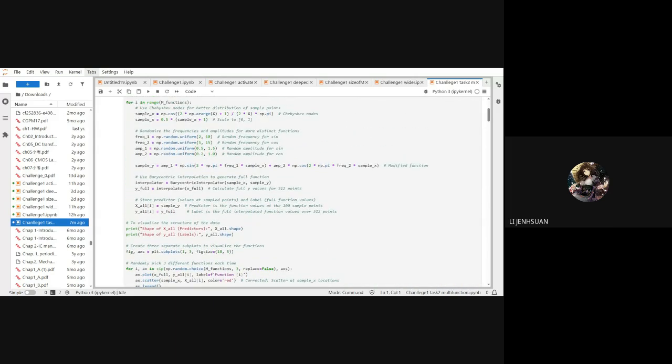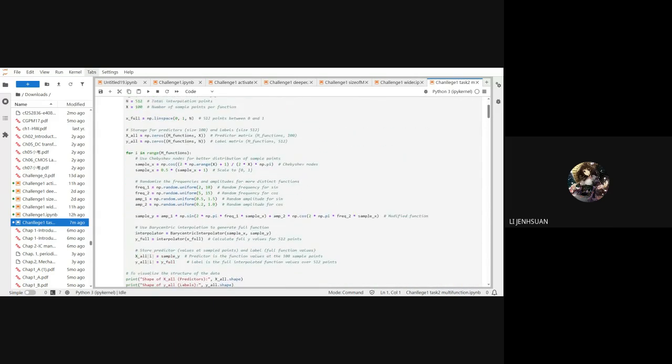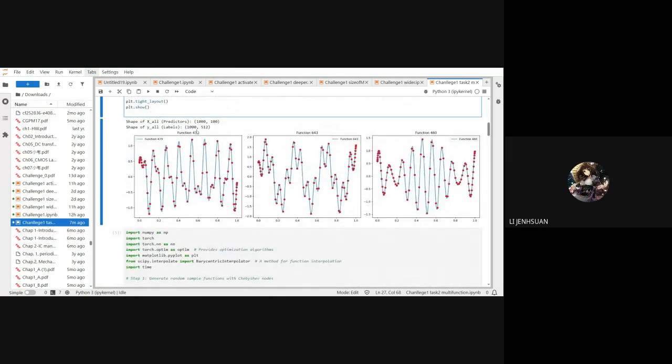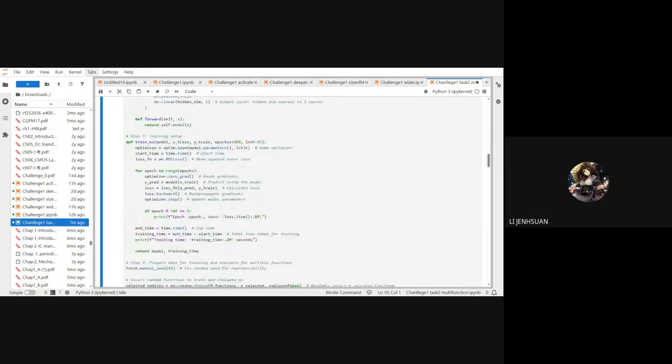First, I use random frequency and random amplitude, so that I can generate a family of sine and cosine functions. So it's convenient to generate 100 functions. For example, this one is 479 and 643 and so on. And if I run it again, it will pick another function here.